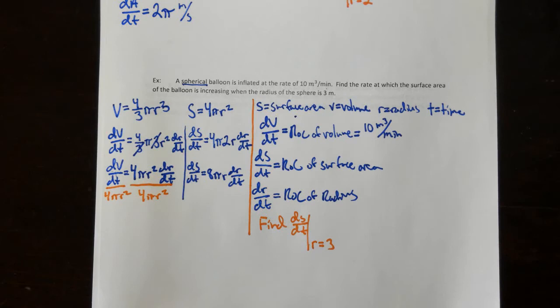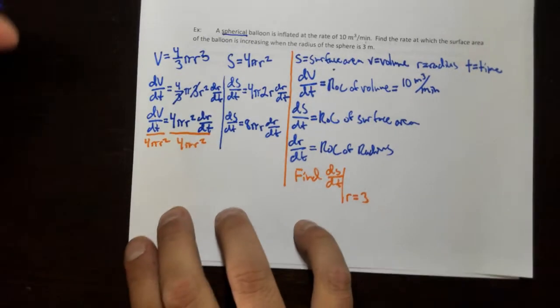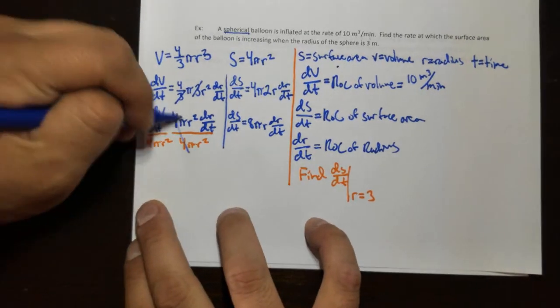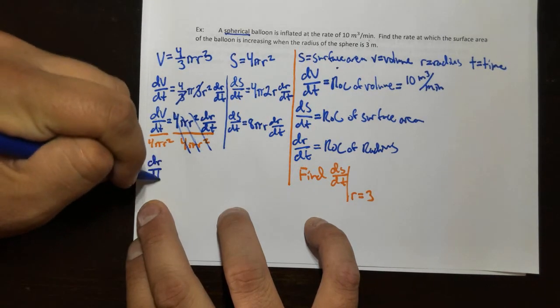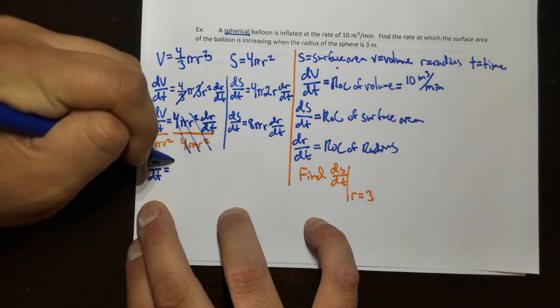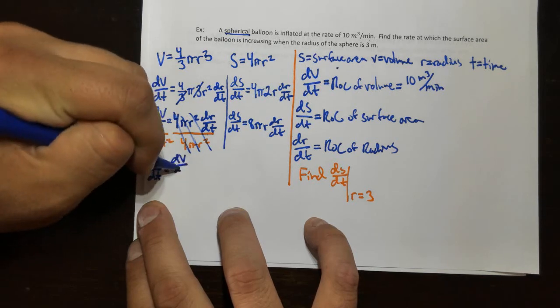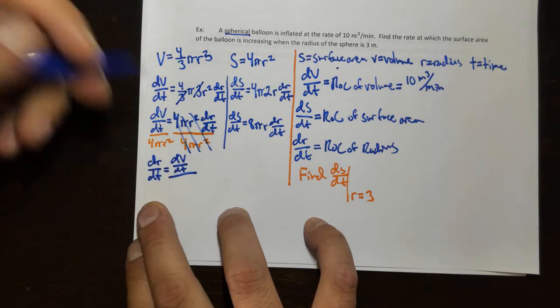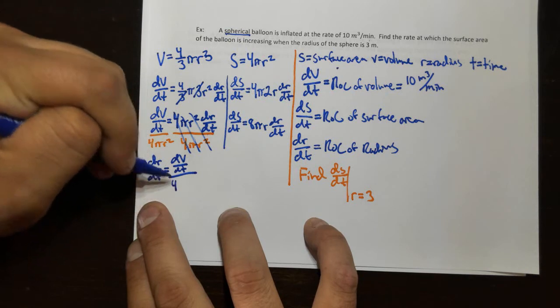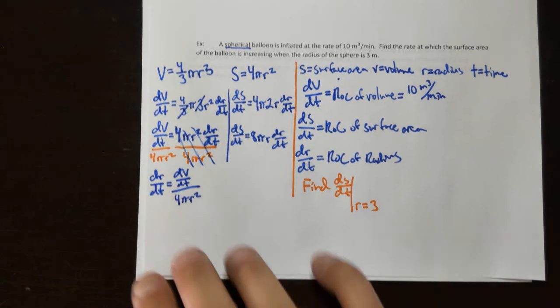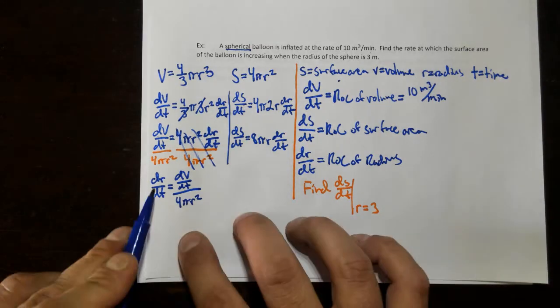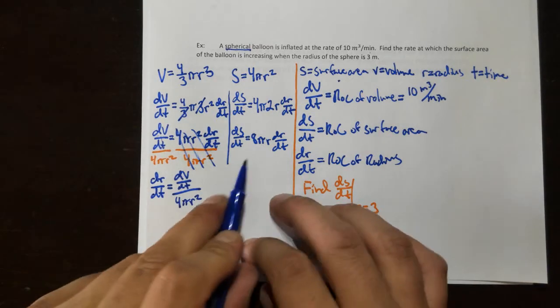So this is going to look a little ugly for a moment, but this cancels all that. So we have dr/dt is equal to dV/dt divided by 4 pi r squared.